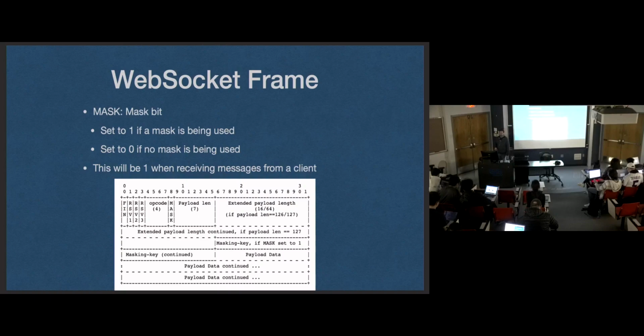Next is the mask bit. This is either 1 or 0 based on whether or not there is a mask. So we have the mask bit, and then the masking key, which is a 4-byte value later in the frame. If the mask bit is 1, then the masking key exists, and you have to handle that masking key, which we'll talk about later. If the mask bit is 0, then this masking key does not exist.